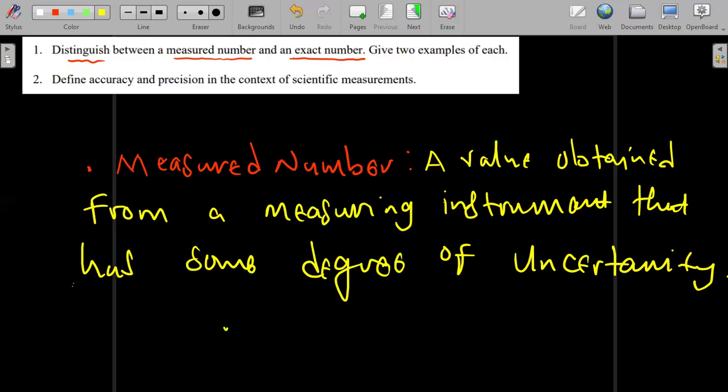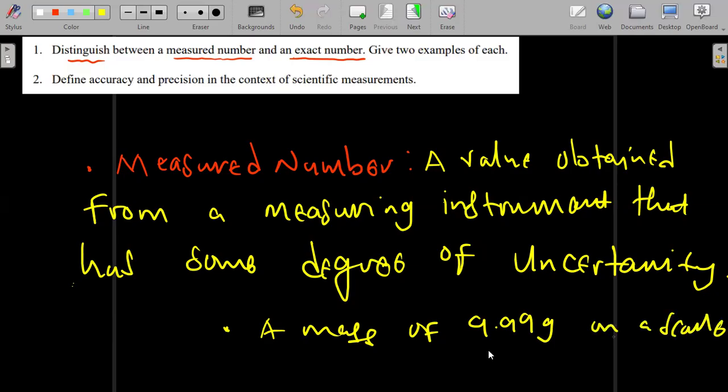Maybe I should write them down: a mass of 99.99 grams, measured on a scale, and the second example, a length of 12.7 centimeters.